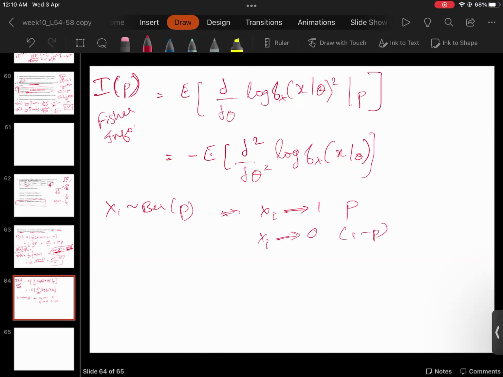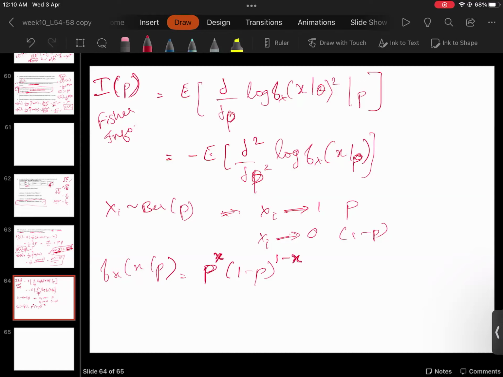So from that we can calculate f of x given p. So here basically theta is your p. f of x given p is equal to p power x into 1 minus p power 1 minus x. So x is the number of trials. So the xth trial would be a success and 1 minus x will be your failures.